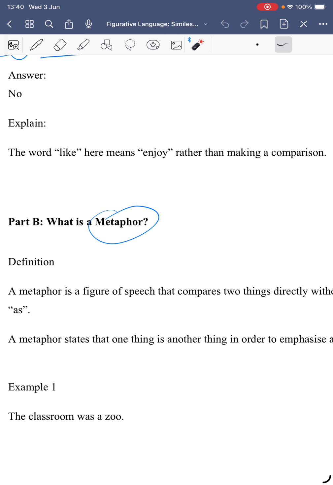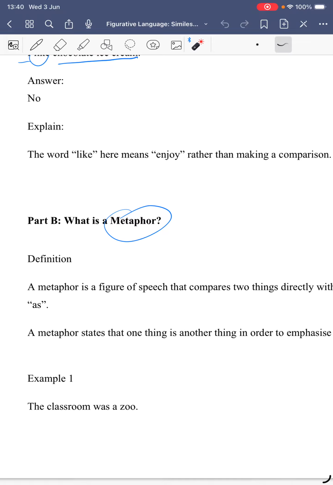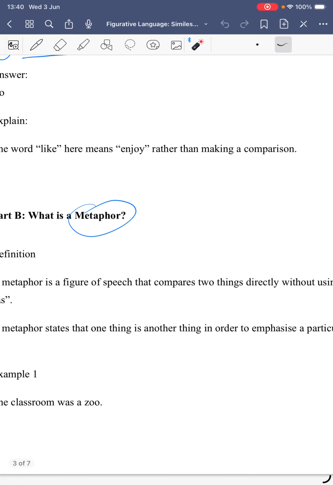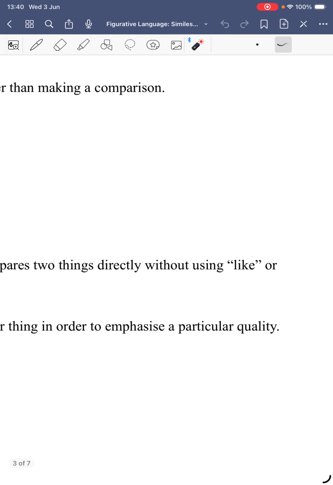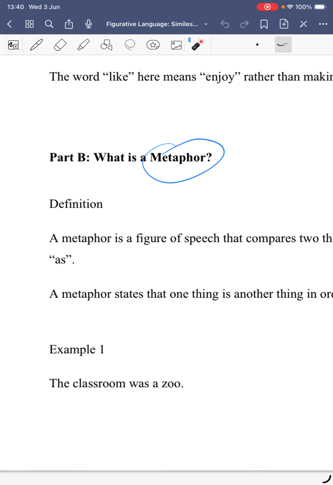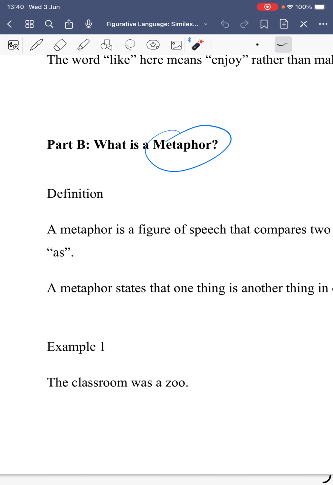Unlike a simile, a metaphor doesn't use comparing words. Instead, we use statement sentences, which are very direct and clear. A metaphor states that one thing is another thing in order to emphasize a particular quality.